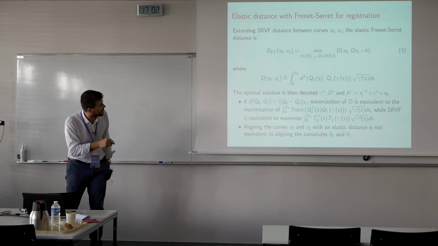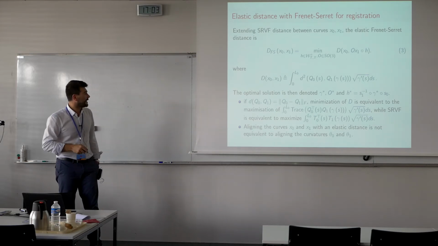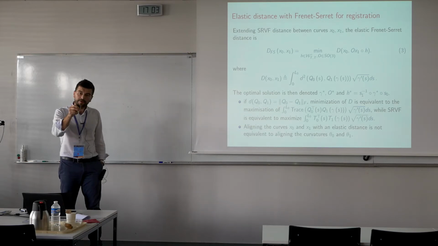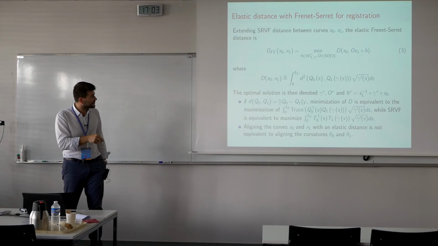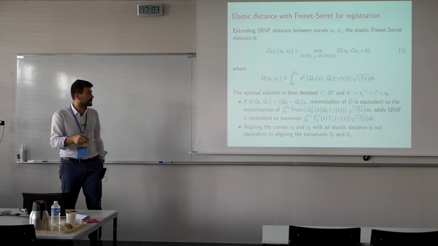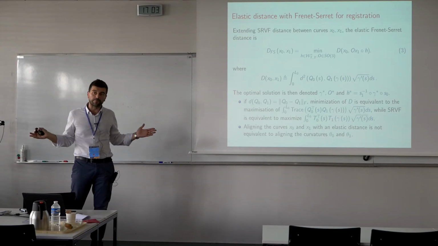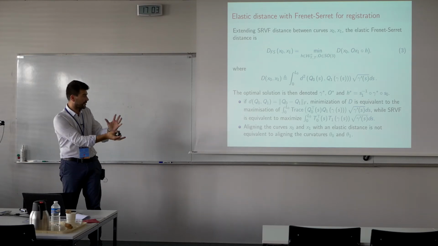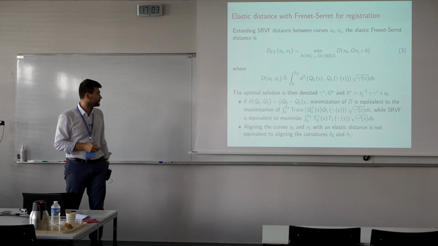And what's nice is that if you use the Frobenius distance between pointwise Frenet-Serret frames, it's equivalent to maximizing the scalar product between Q0 and Q1. You see really that we generalize, because with the standard SRVF, you just maximize the inner product between T0 and T1. But here it's on the whole frame at the same time.